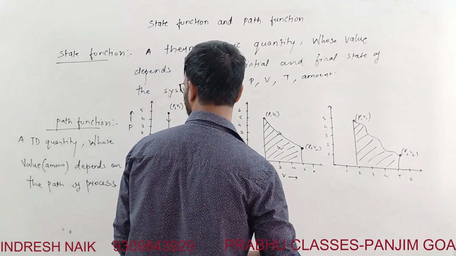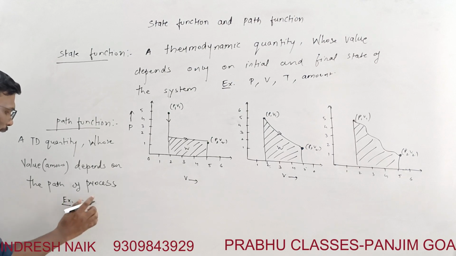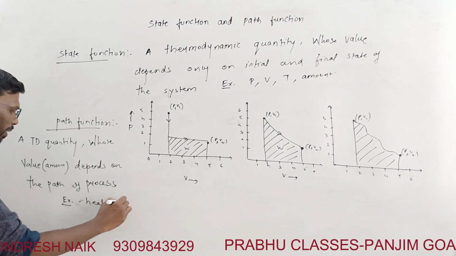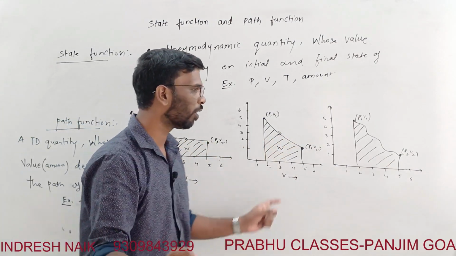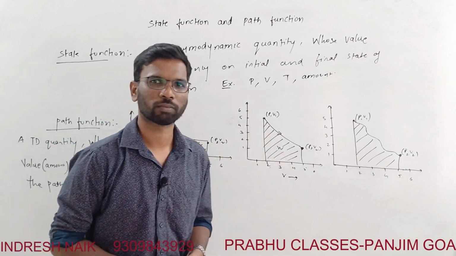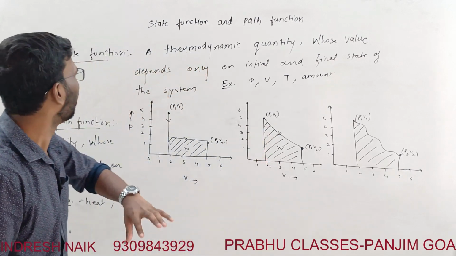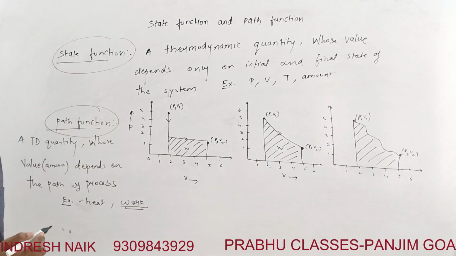So that was not changing. Now what are the path functions? Important path function examples are heat and work. So here work done is different because it is dependent on the path, how you take the path. So that is the whole understanding about a state function and a path function.